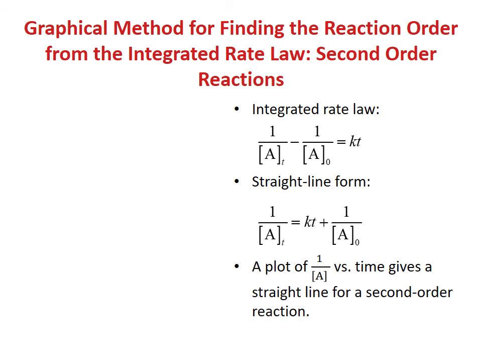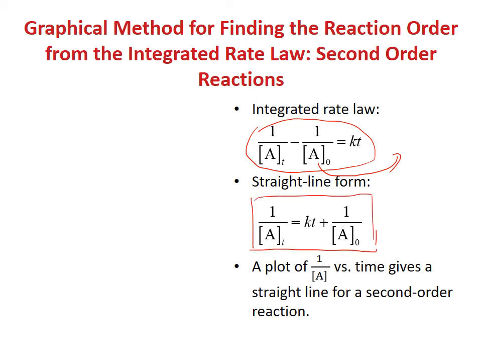Let's look at the second order reaction integral rate law again. So this equation, we can move inverse A naught to the right side, and you get this equation. Again, let's compare with the linear equation, y equals kx plus b. So you see, for the second order reaction, y is 1 over A at a certain time, and again, time t is x.